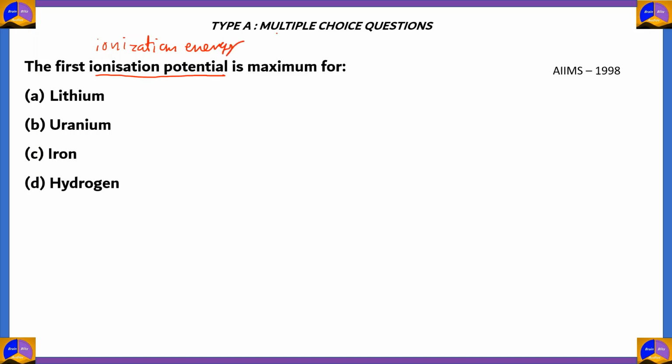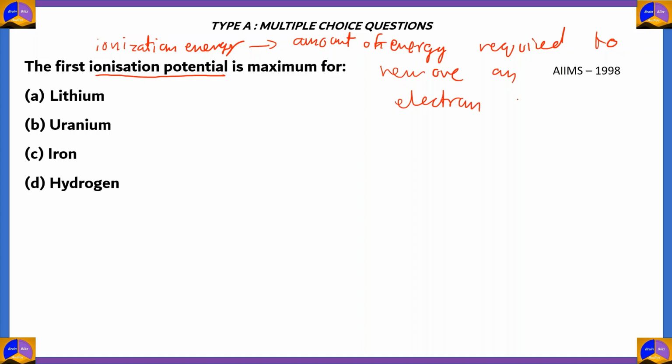So ionization potential or ionization energy refers to the amount of energy which is required to remove an electron from any isolated atom or molecule.